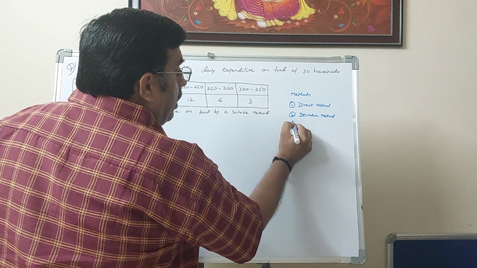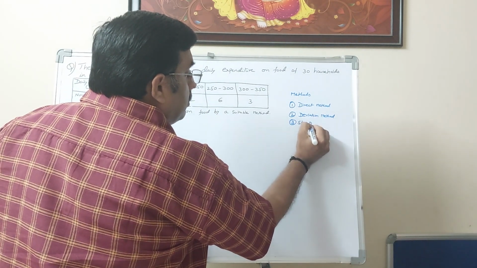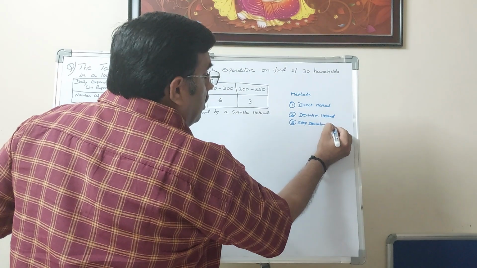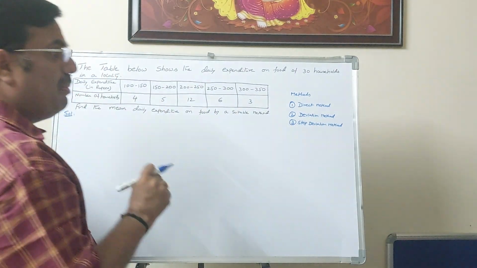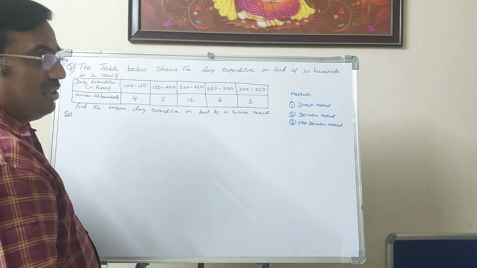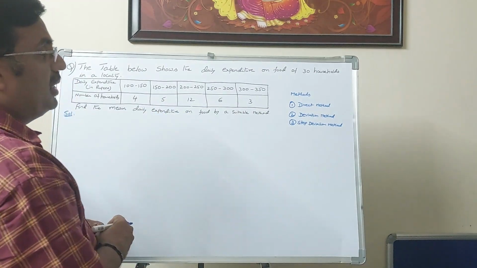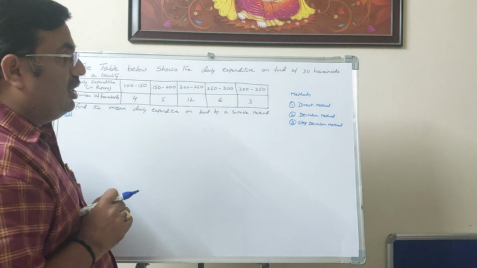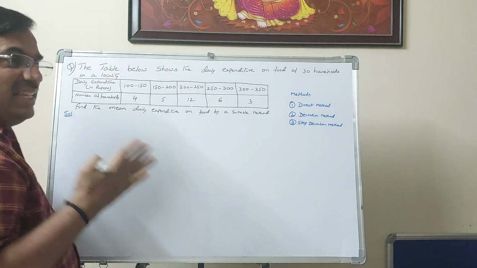And third is the step deviation method. In these three methods, you will get the same answer. Then why are we studying all these three methods in our subject? Because of easy calculations.